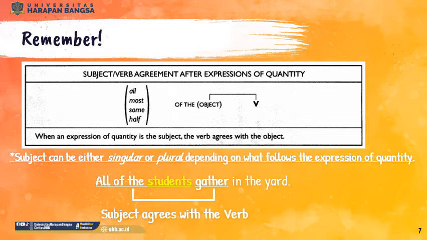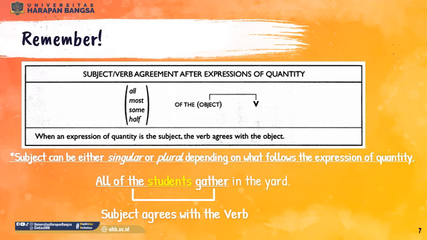And make sure the verb agrees with the subject. And the subject can be either singular or plural, depending on what follows the expressions of quantity. Jadi subjeknya bisa berupa singular noun atau plural noun, tergantung pada apa yang mengikuti expressions of quantity.